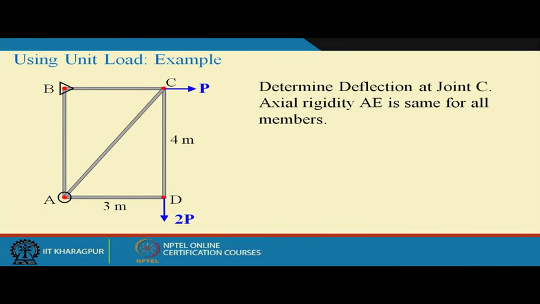The axial rigidity AE is the same for all members. All the dimensions and loads are given. So, let us start the analysis. The truss is like this.